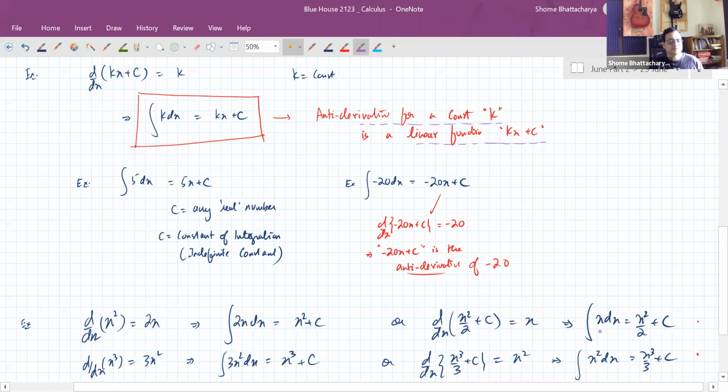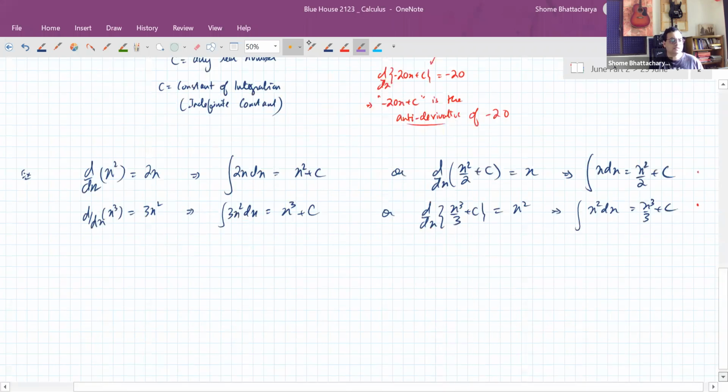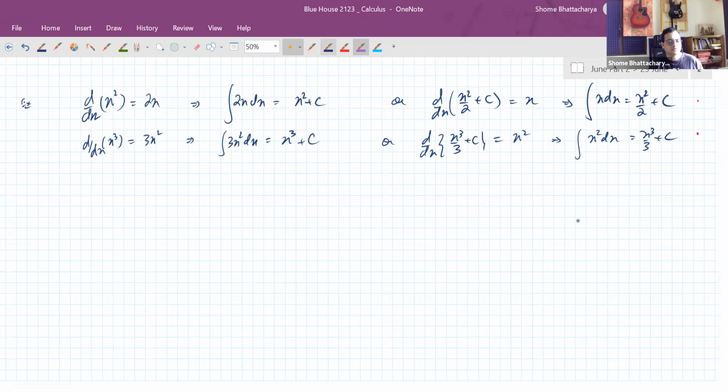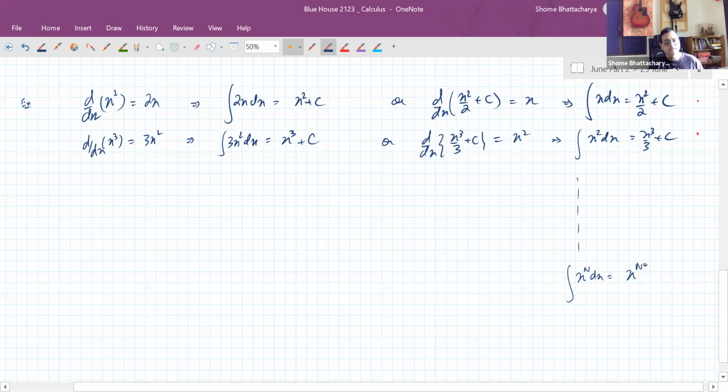But like that, antiderivative of x is x square by 2 plus c. Antiderivative of x square is x cube by 3 plus c. We get a series of terms like that. Okay. So now finally we see that if we take the series forward, we get the equation that x to the power n, its integration becomes x to the power n plus 1 upon n plus 1 plus c.